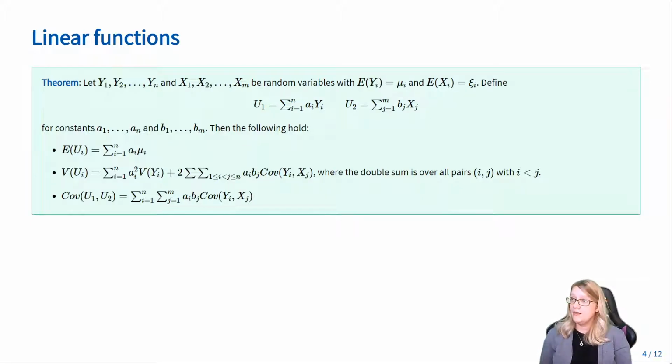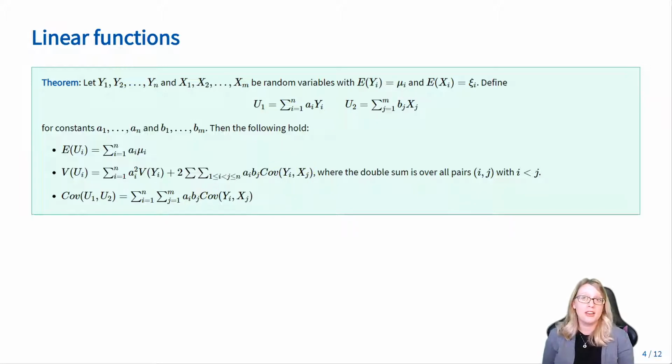We will find the variance like this. We take the sum of the constant a squared times the individual variances of the yi's, plus the double sum over all pairs where i is less than j of the constant ai times the constant bj times the covariance of y and x.